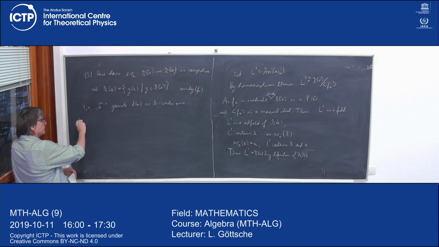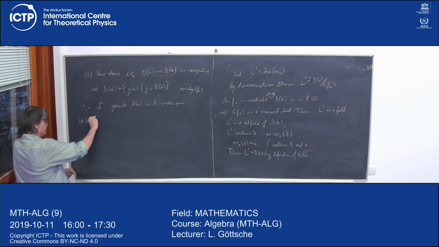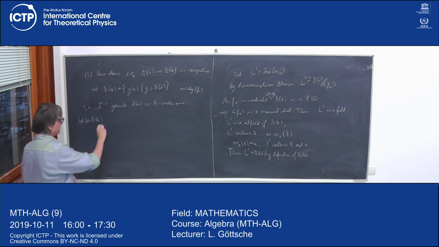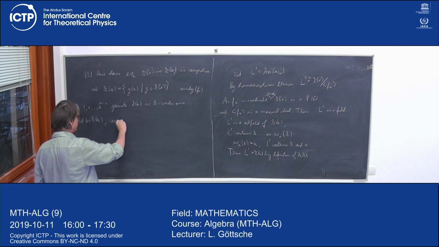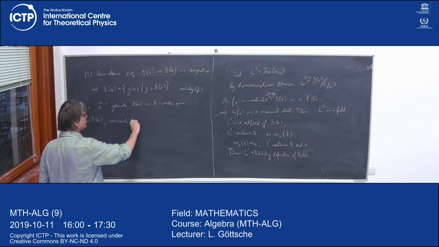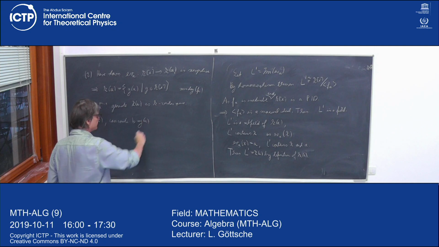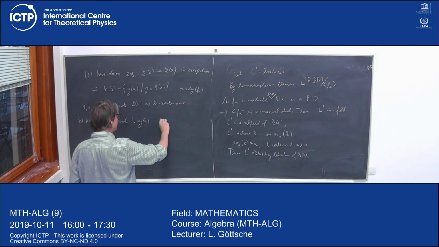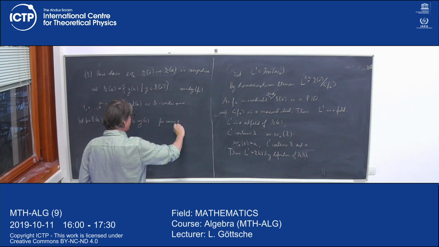So let's take any element b in K(a). By the above, we can write b equal g(a) for some polynomial g.